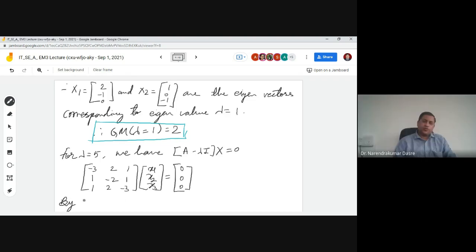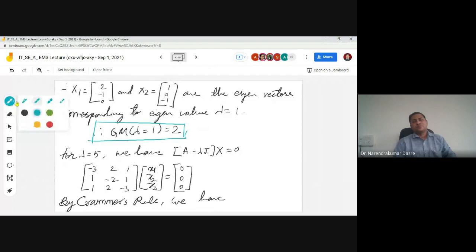So we'll use Cramer's rule, right? Okay. So by Cramer's rule, we have. Okay. So which two rows you want to take? Without loss of generality, first, second, or second, third?